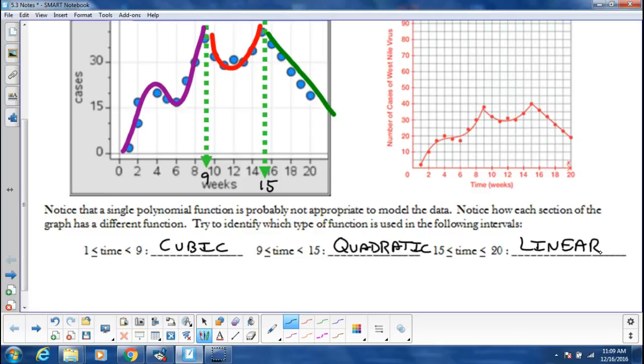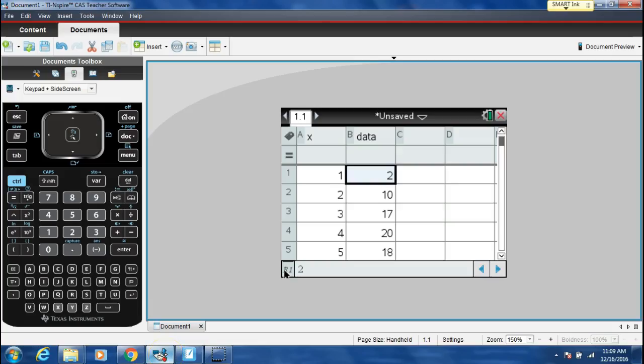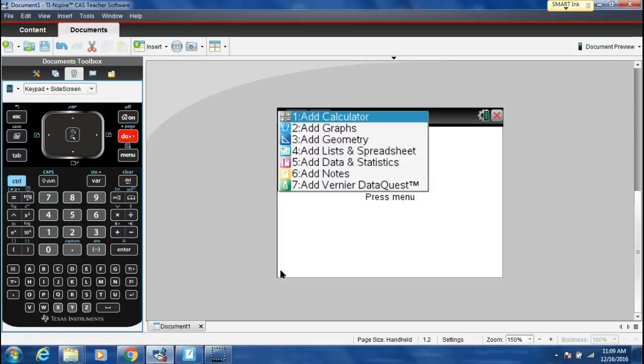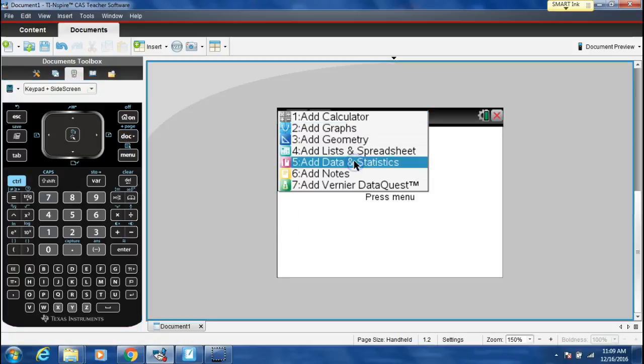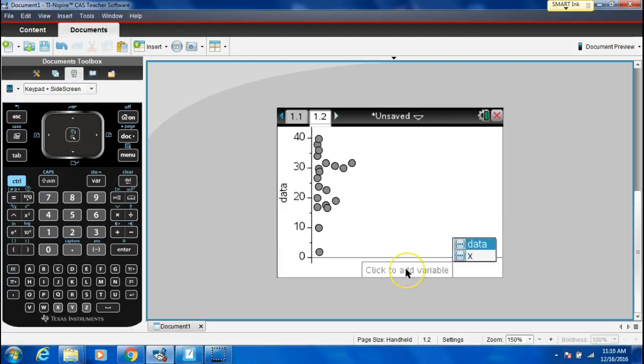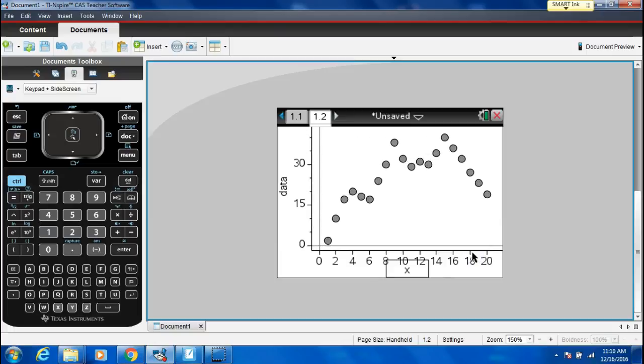So here's the downfall now. Because we have this spreadsheet, or scatter plot, if you will, we need to now divide that up into 3 parts.